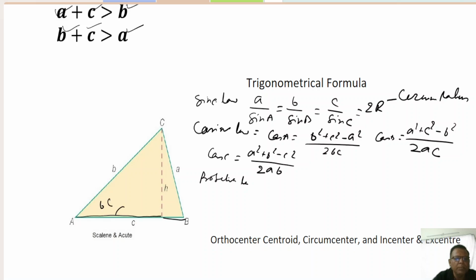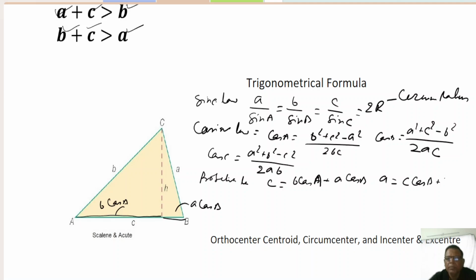This side is b cos A, and this side is a cos B. So c will be equal to b cos A plus a cos B. Similarly, a is equal to c cos B plus b cos C, and b is equal to a cos C plus c cos A.